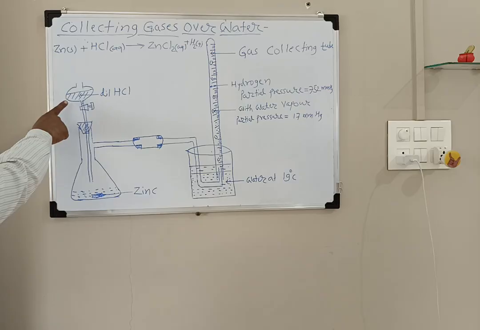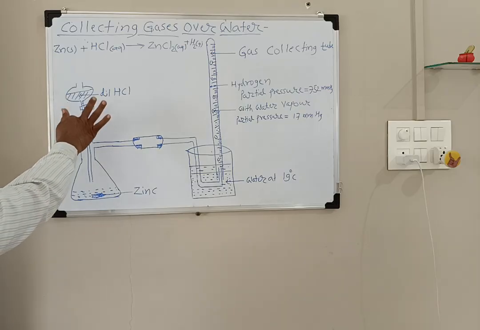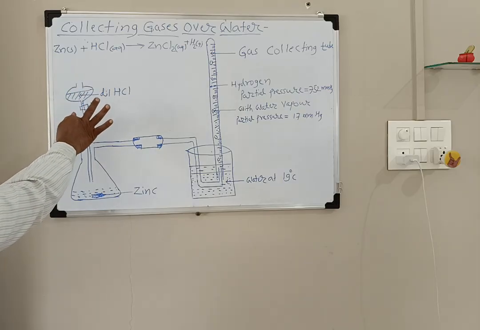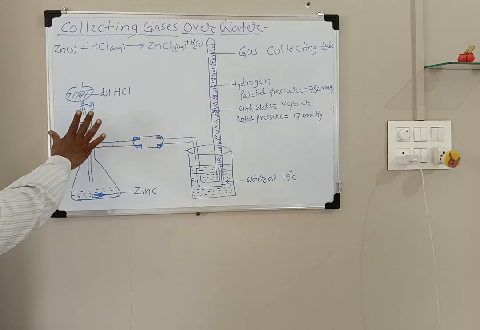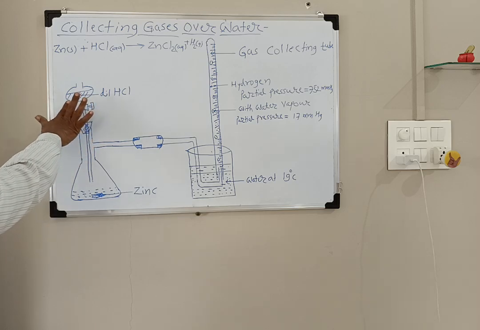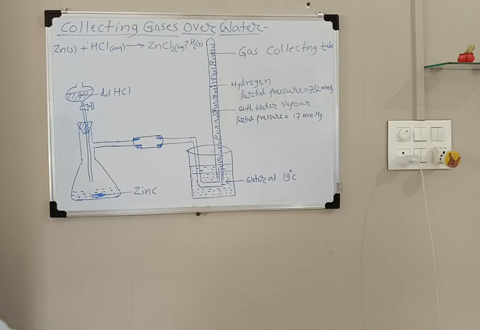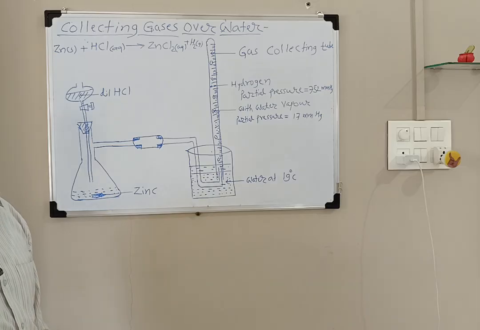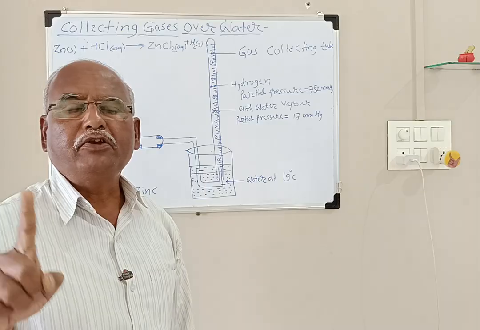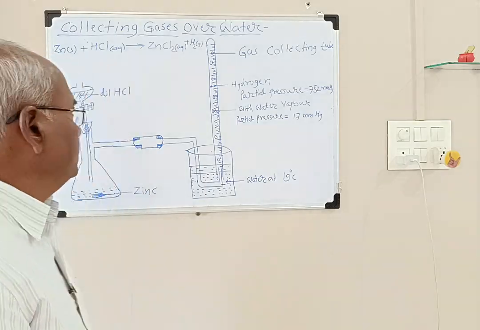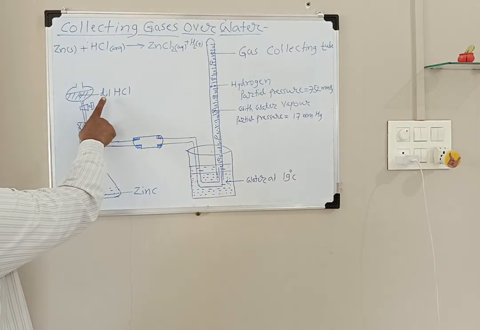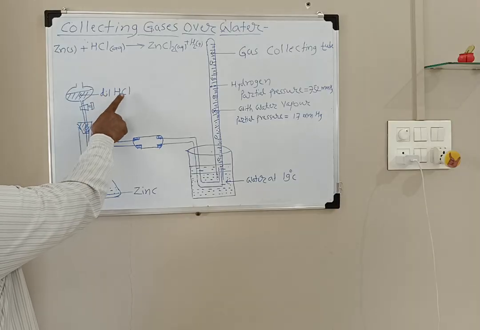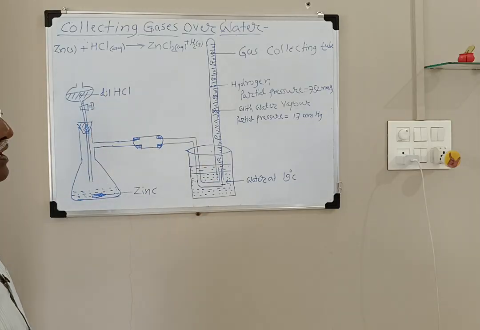This is the rubber cork, the airtight cork, and this is the funnel. This is the cork used to regulate the flow of dilute HCl. In this funnel, aqueous dilute HCl is filled.